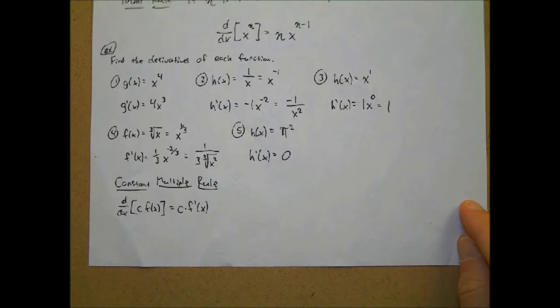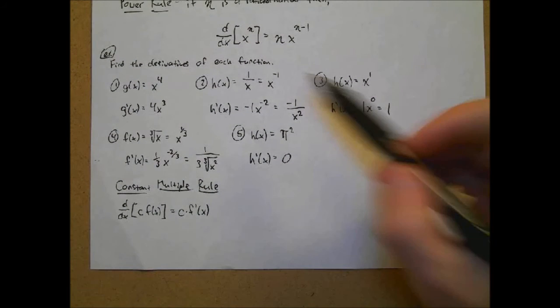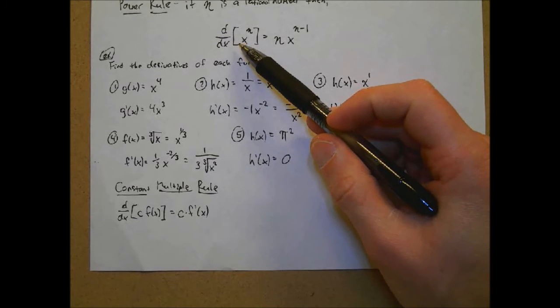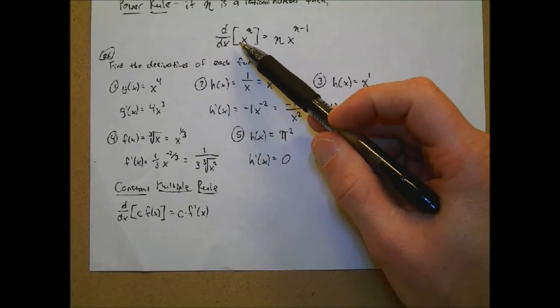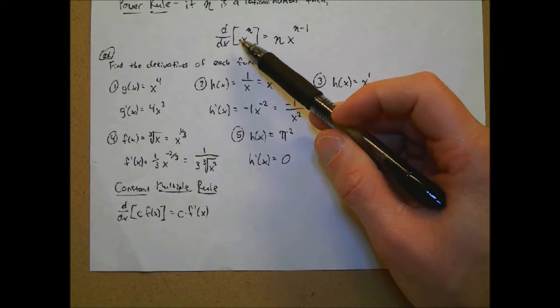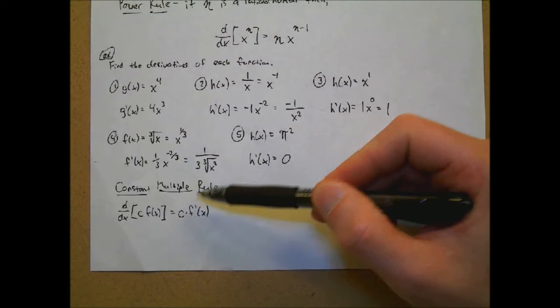Okay? So in other words, our power rule up here, right? According to our power rule, we can only take the derivatives of things that do not have a coefficient or have a coefficient of 1, right? But now with the constant multiple rule, we can have other coefficients besides 1.